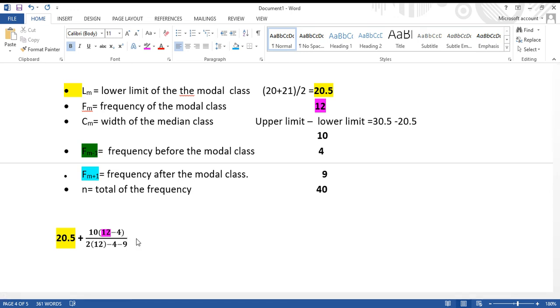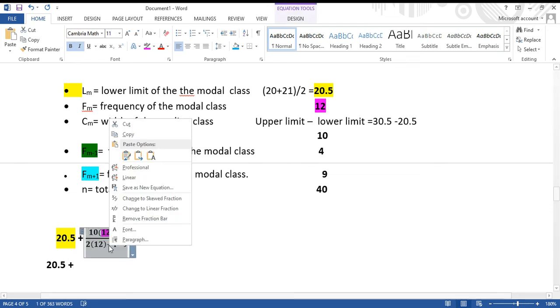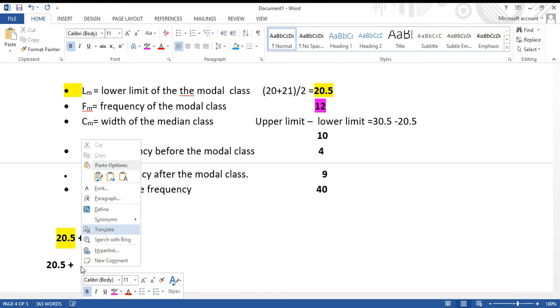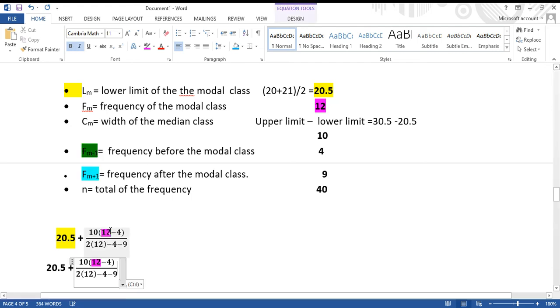Remember, we deal with operations in the parentheses first. So 12 minus 4 is 8. 8 times 10 is 80. So we have 20.5 plus, in our numerator, 80.